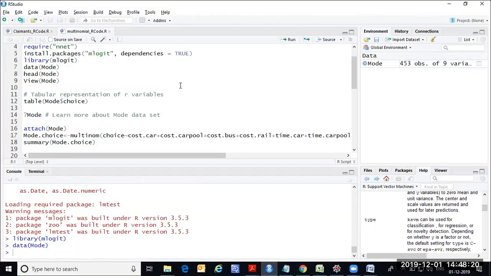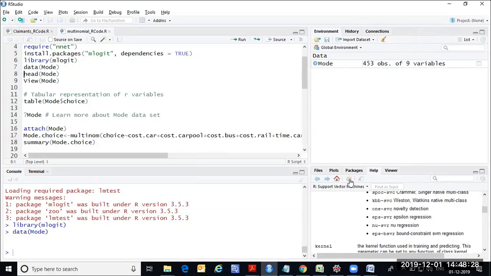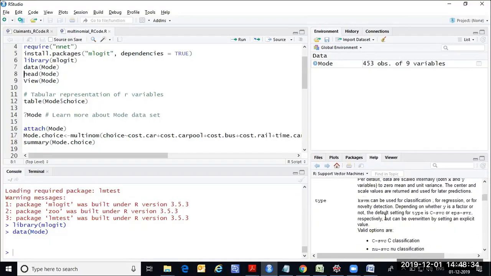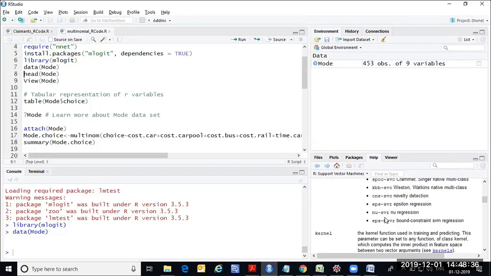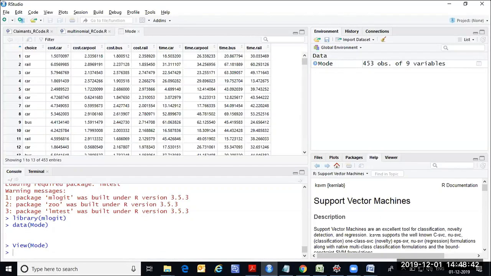Data of mode. Mode is nothing but transportation mode. Just pay attention, friends.